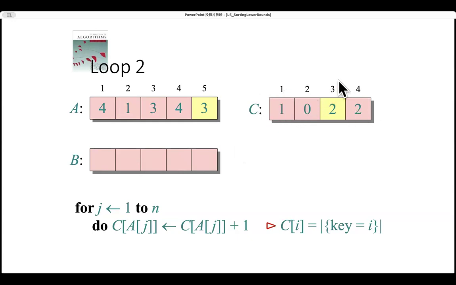You just output 1 once, output 2 three times, output 4 twice, and you're done. You can just produce the sorted list from the auxiliary array. Why do we need to go through the hassle of the two additional loops?